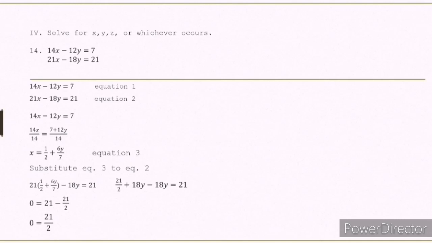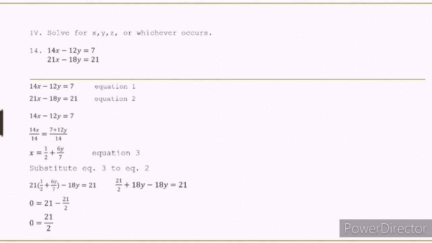First, we have to transpose negative 12y from our equation 1. Then we must divide both sides by 14. So 14x is equal to 7 plus 12y, divide both sides by 14. So x equals 1/2 plus 6y over 7.